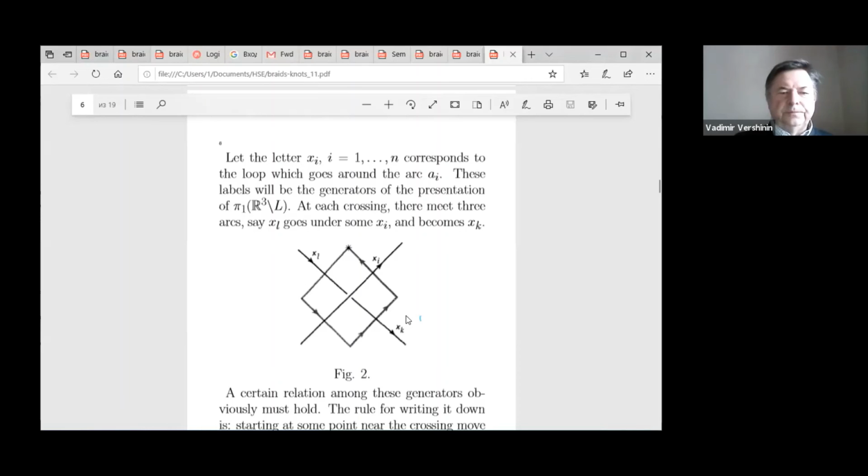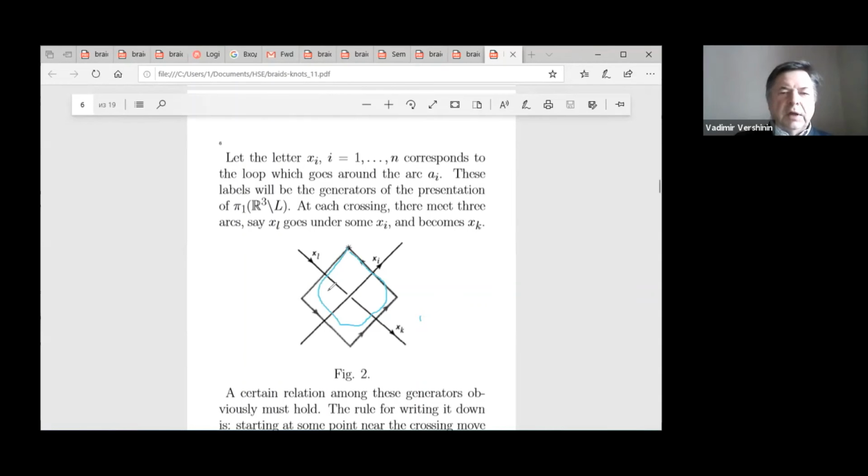I can try to draw pictures. If this is the starting point, you can now deform your rectangle, and everything is going under this knot, because this is under, this is under, this is under.